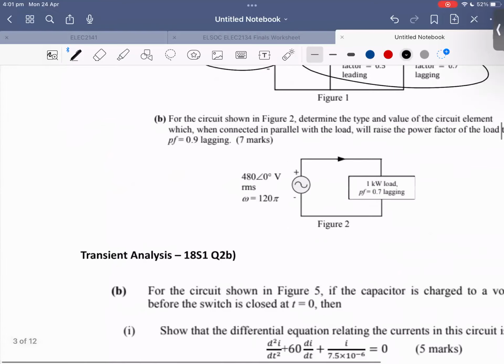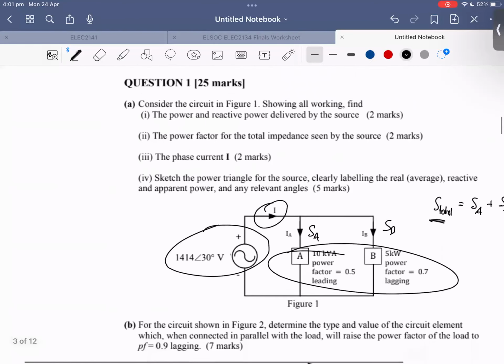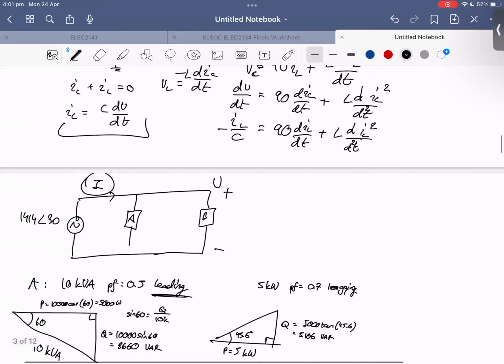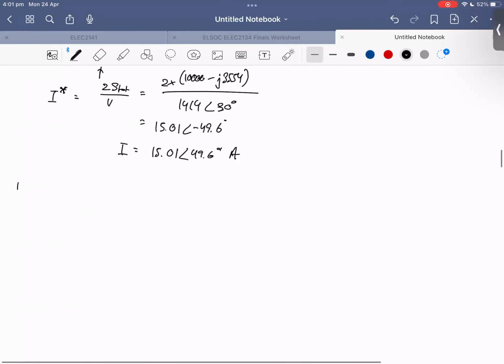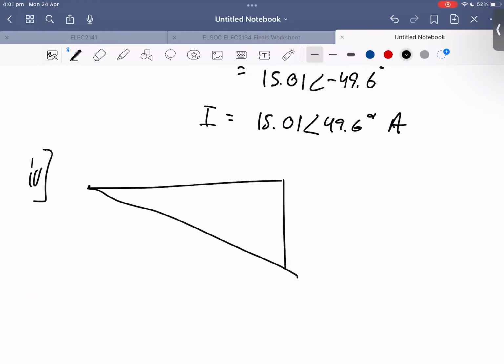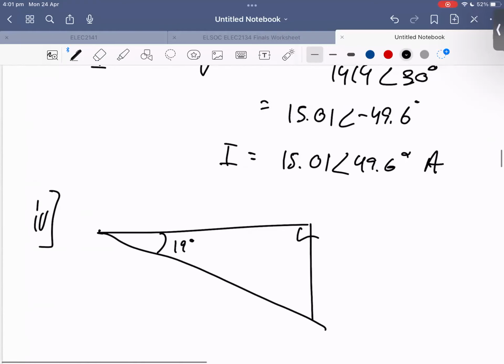So then the last question says, sketch a power triangle for the source, clearly labeling the real, reactive, and apparent power and any relevant angles. Okay, so we already kind of did that, but I'll just redraw it. So we've got this because the angle is leading. And the angle was, I think, 19 degrees. And the power was 10,000 watts.